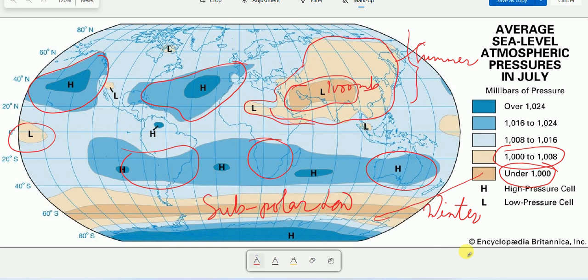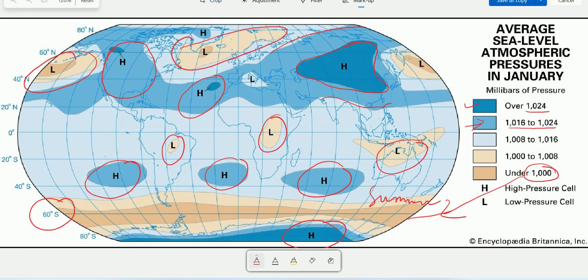And this is the polar high, and here the pressure is more than 1024 millibar. Okay, so this is about the horizontal distribution of pressure.